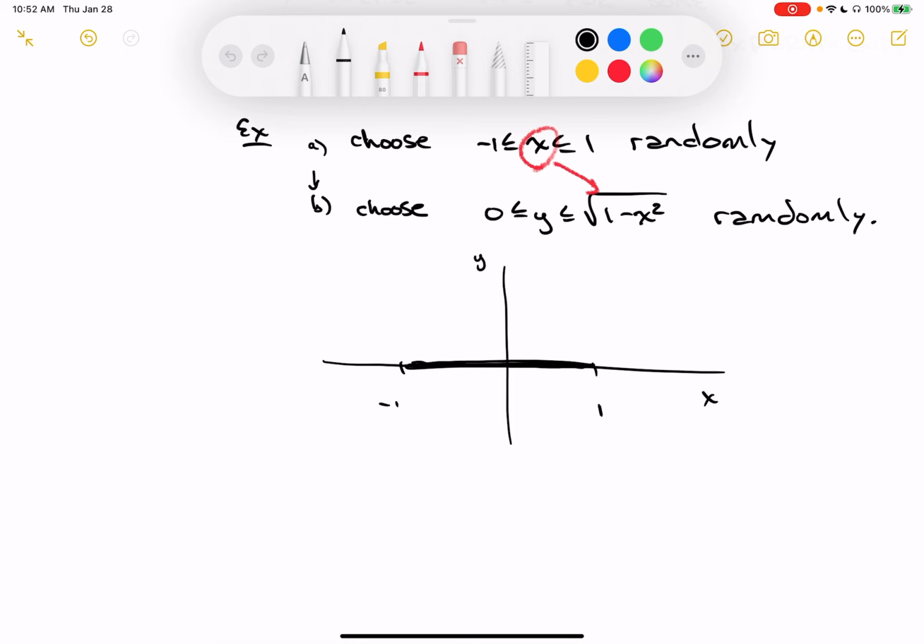Well, what does that describe? That describes basically a circle, and so we're just going to get this half circle going over there, something along those lines. So this thing follows root 1 minus x squared. The equation of a circle is x squared plus y squared equals 1. If you solve for y, at least the positive side of that, you'll get positive root 1 minus x squared. So y can be between 0 and that upper bound, which is defined by a circle.